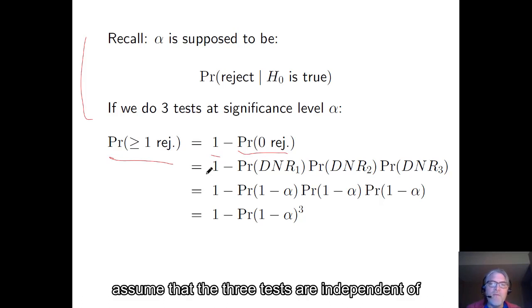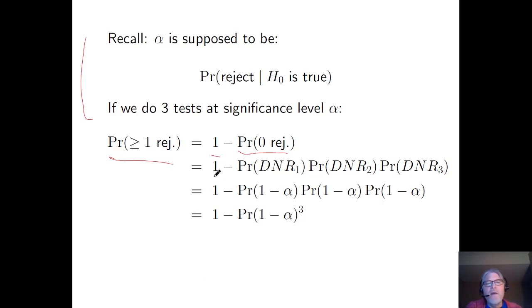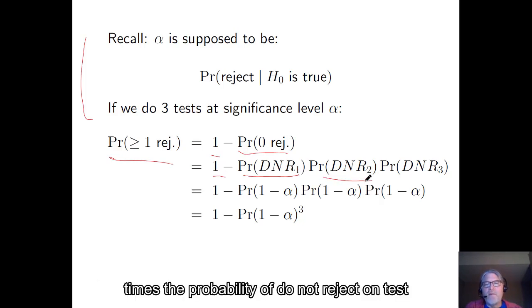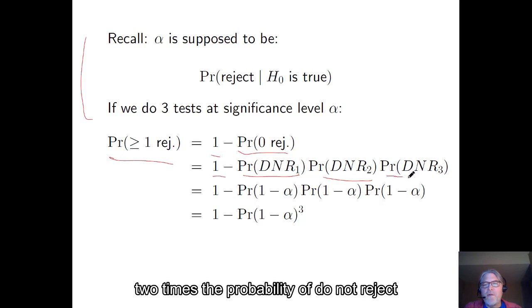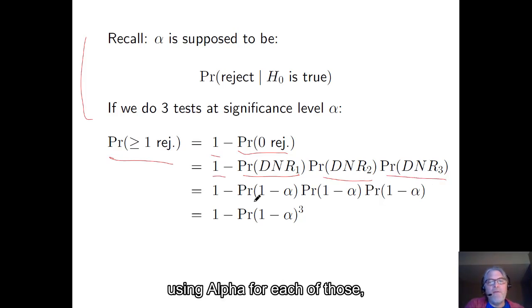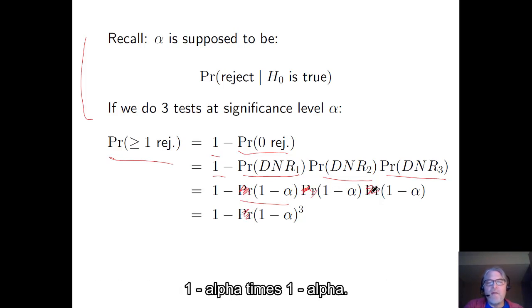That would be, if we assume that the three tests are independent of each other, which is questionable in this case, 1 minus the probability of do not reject on test 1 times the probability of do not reject on test 2 times the probability of do not reject on test 3. So if we're using alpha for each of those, sorry, I shouldn't have the probabilities here. It should just say 1 minus alpha times 1 minus alpha times 1 minus alpha. Sorry about that. So it's 1 minus (1 minus alpha) cubed.